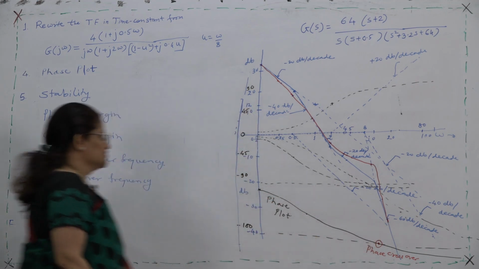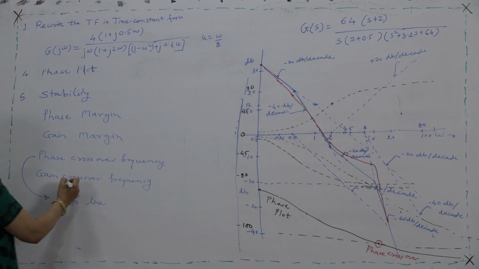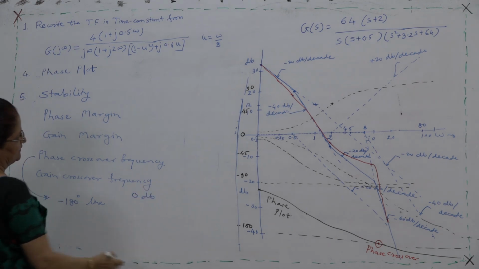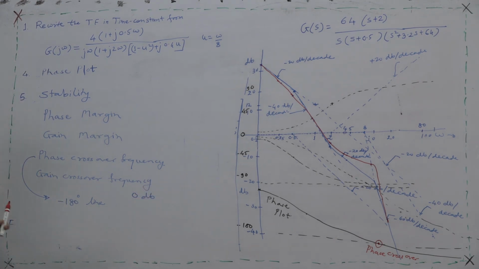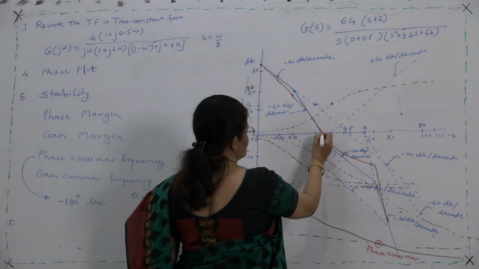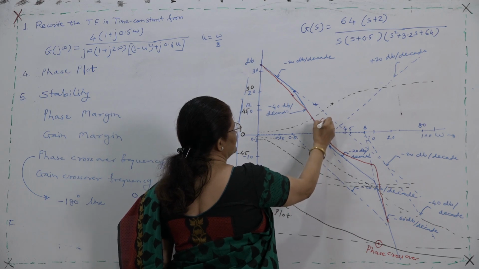What is gain crossover frequency? Gain crossover frequency is when the magnitude plot crosses the 0 dB line. So, this is your gain crossover frequency.